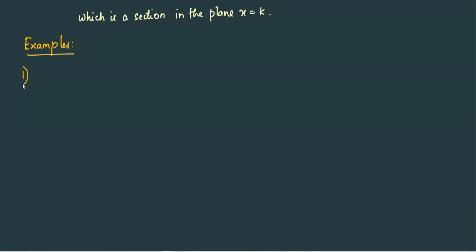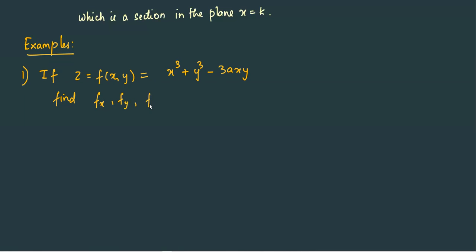Okay. If z is equal to f of x comma y is equal to x cube plus y cube minus 3axy, find fx, fy, fxx, fyy, fxy, and fyx.